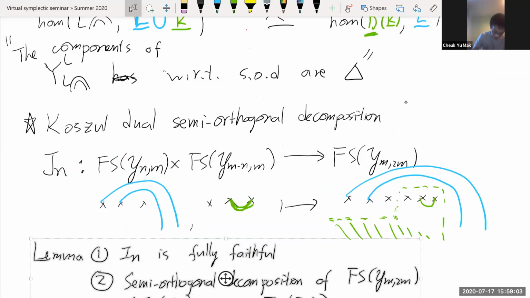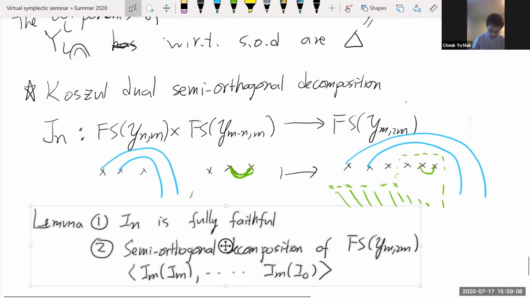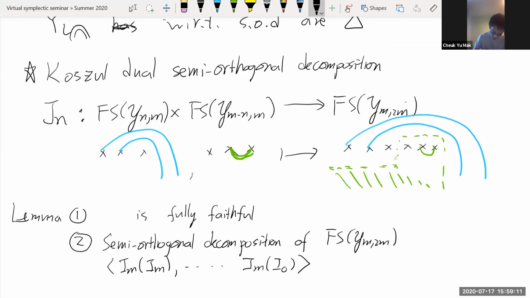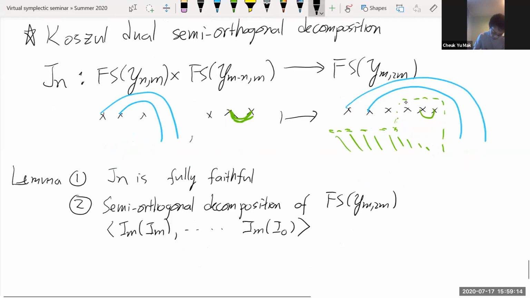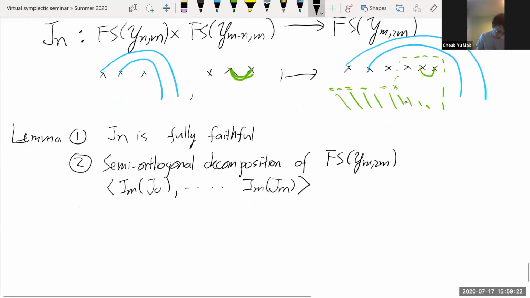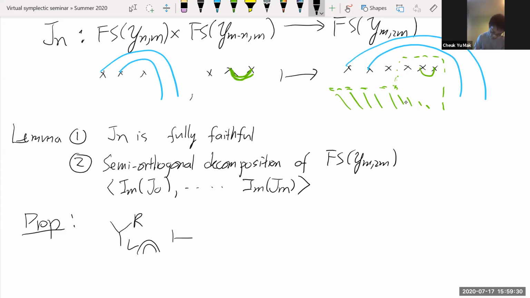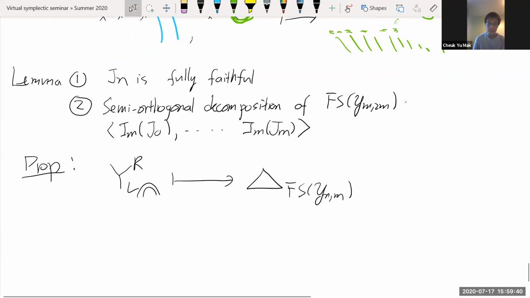And then the claim is similar. So Jn is fully faithful, and then we also have the corresponding semi-orthogonal decomposition. The proposition says that the right Yoneda embedding of this guy will send to the diagonal bimodule. The difference between the left and the right has something to do with the wrapping that I chose.